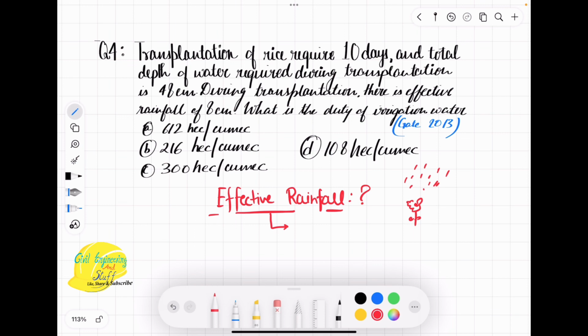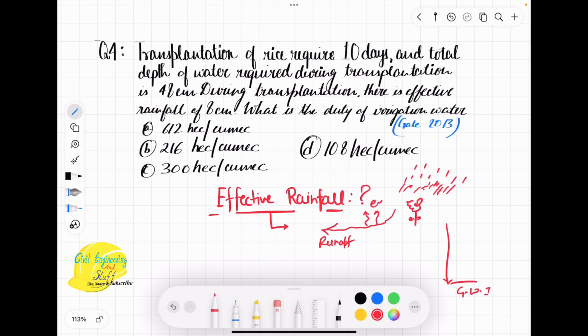Definitely this plant has certain water requirement. As and when rainfall happens, part of the rainwater is lost to runoff. Part of the water may be lost to evaporation. Part of the water may seep down and meet the groundwater table.